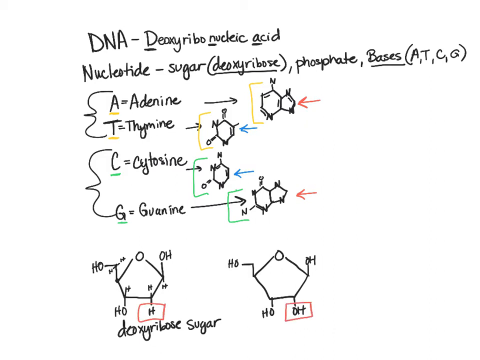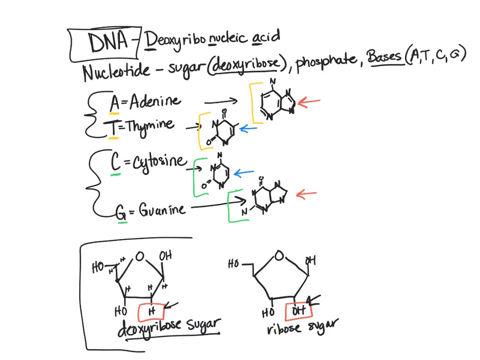So if we were talking about deoxyribose, then we've got a hydrogen down here, and if we're talking about our ribose sugar, we have a hydroxyl group down here. So that's our main difference between the deoxyribose sugar and the ribose sugar. So again, since we're talking about DNA, we're going to be utilizing the deoxyribose sugar. That's going to be connected to the phosphate group, and it's also going to be connected to one of these nitrogenous bases.